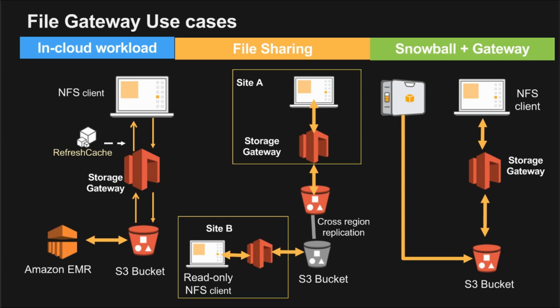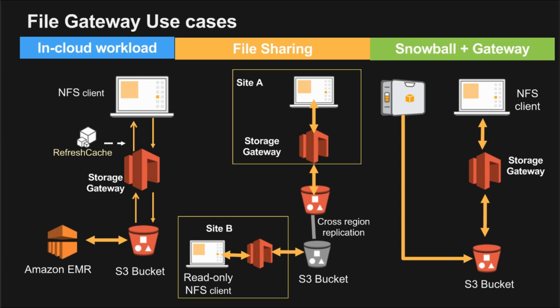So the next one, you can see we have a file sharing use case. In this case, we're reading and writing data to the storage gateway. It is then talking to an S3 bucket, and using cross-region replication, we can then send that data to a remote region. So let's say that you're on the East Coast where I am, and you're writing data into a file gateway that's writing into US East 1.